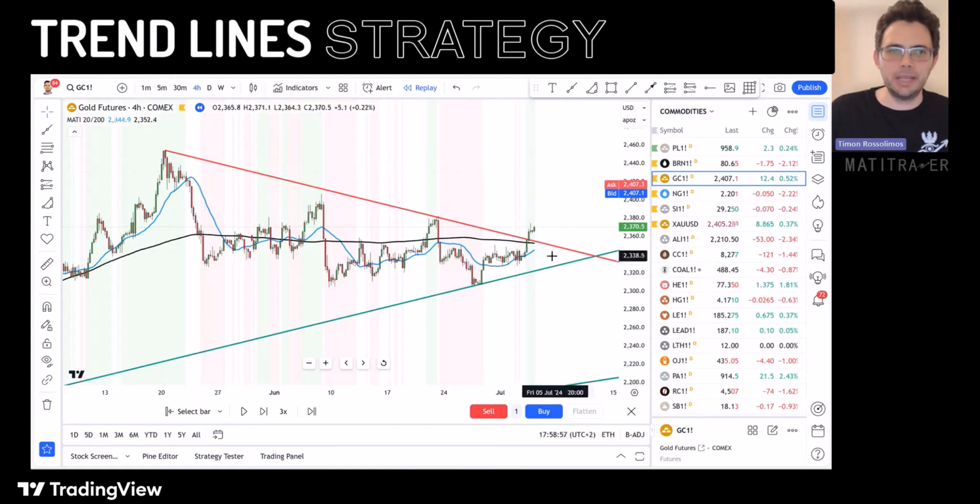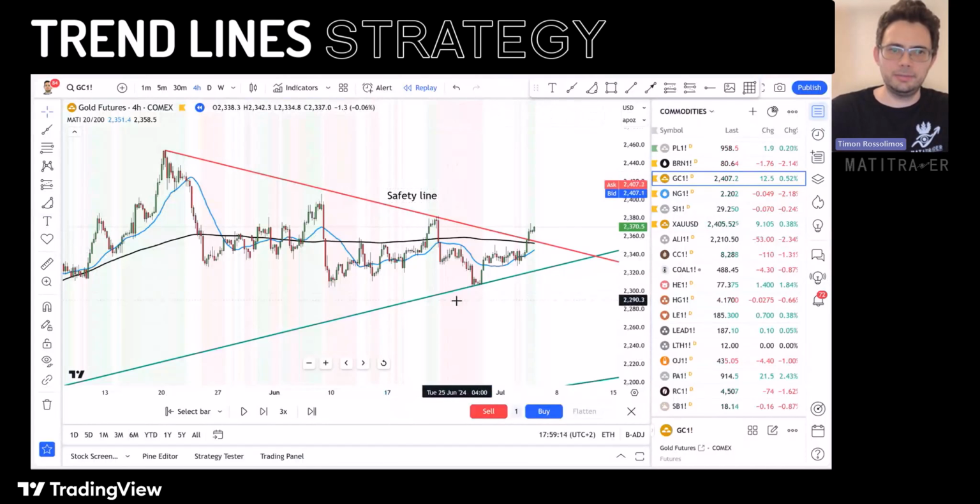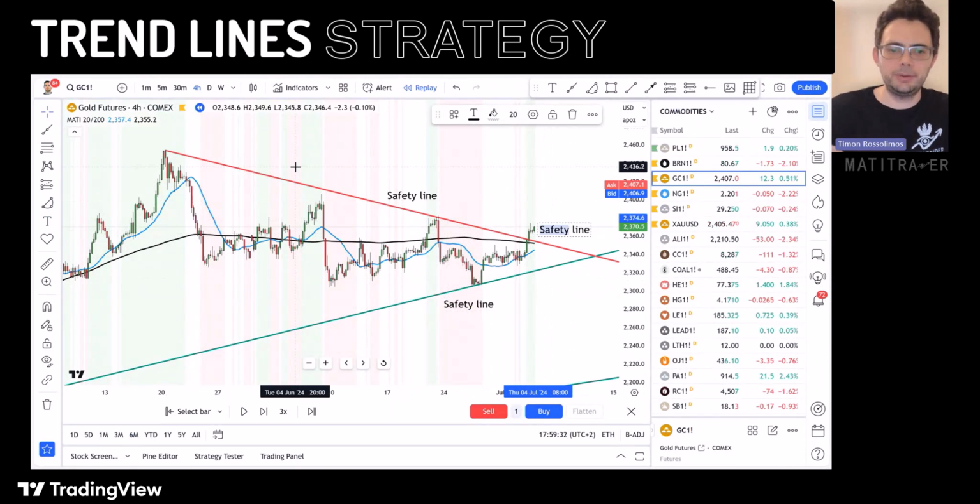So what that means is that before it crossed this level, this line was a safety line. This line was a safety line. Then the price crossed up, and now it became a trigger line, or you can call it an action line.